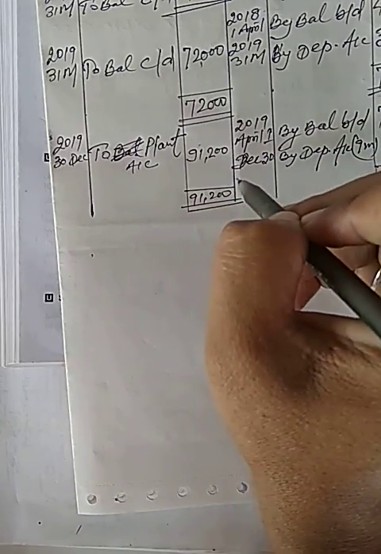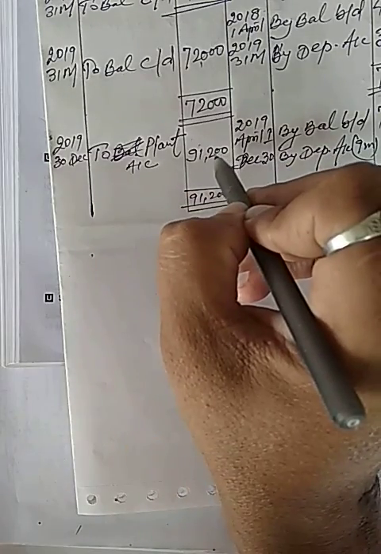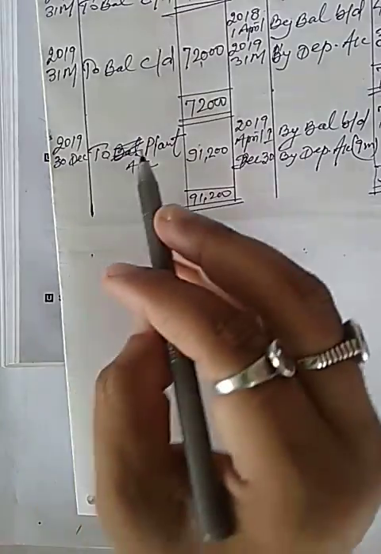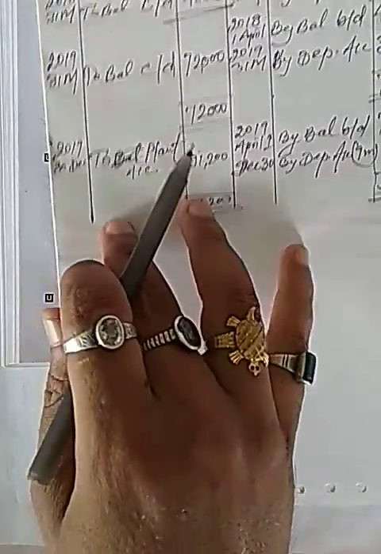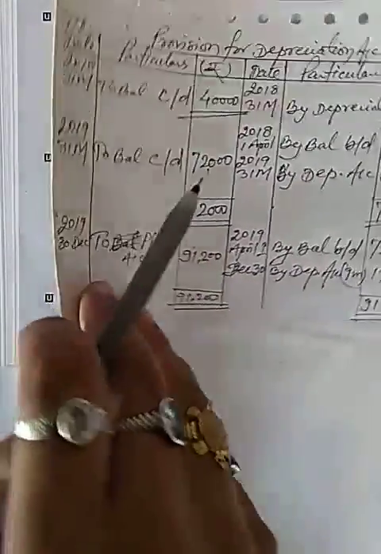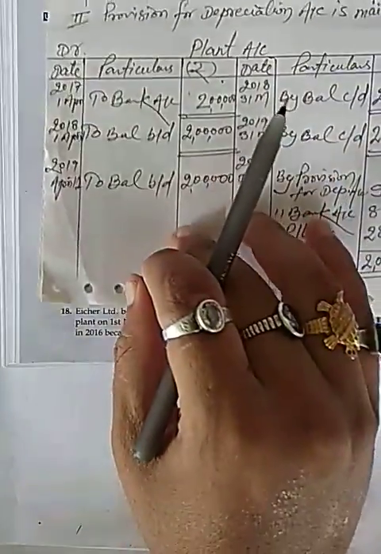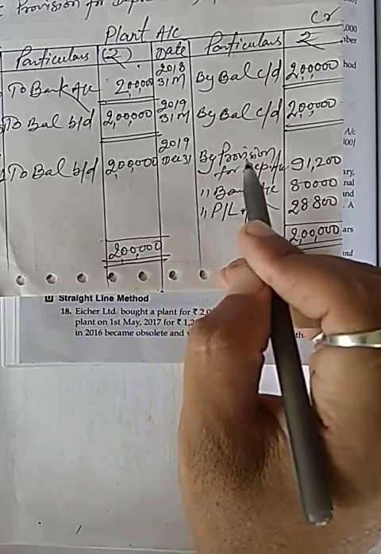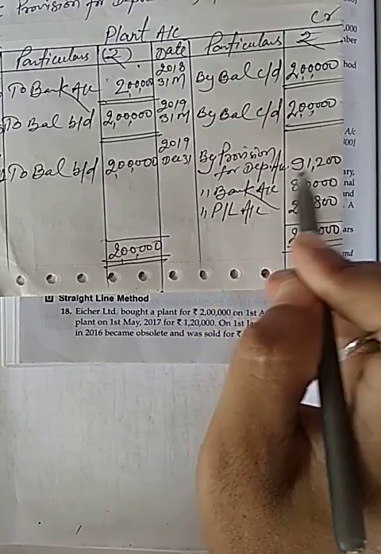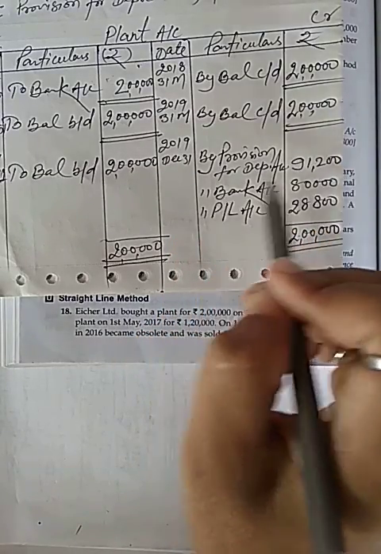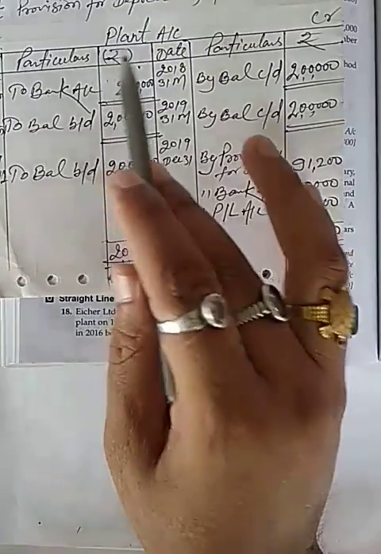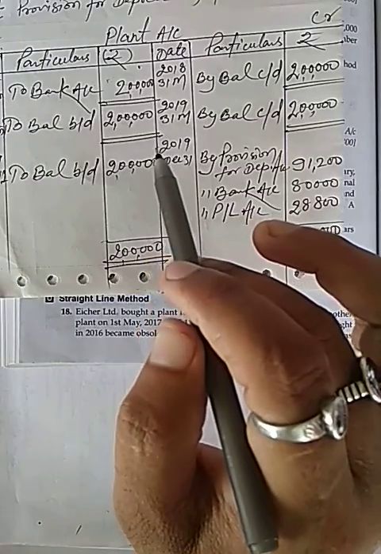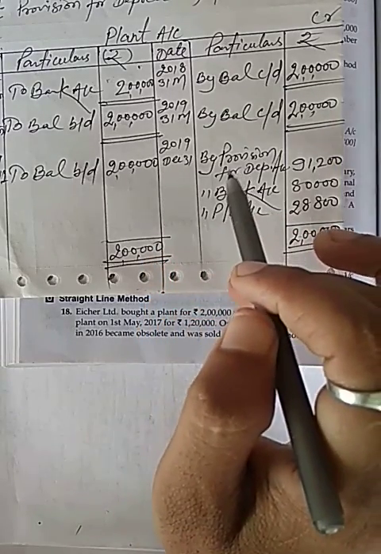Now this 91,200 has been transferred into the plant account. So this is the first part of the question, and the 91,200 by provision for depreciation account has been brought into the plant account credit side when the plant is sold.